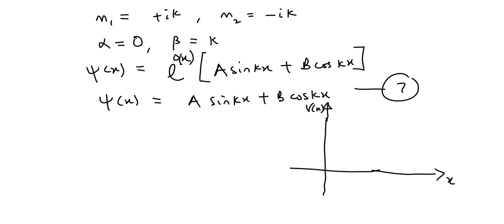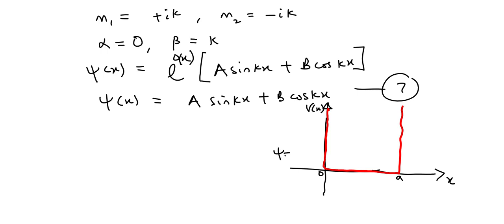So we drew our potential like this. This is 0 and this is a. And we say that outside this box, the potential is infinite.